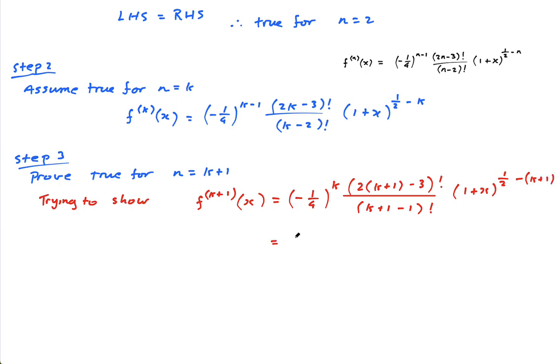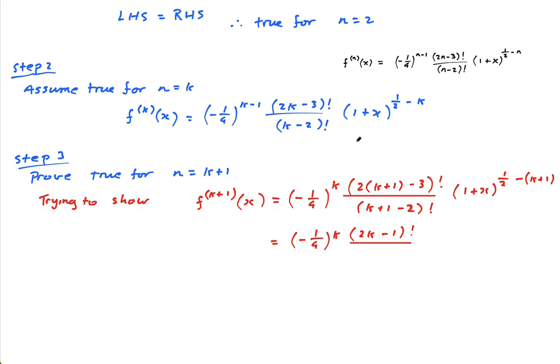And this equals minus a quarter to the power of k. 2k plus 2 minus 3 is actually 2k. 2k plus 2 minus 3 is 2k minus 1 factorial over, sorry, that was a 2, guys, sorry.